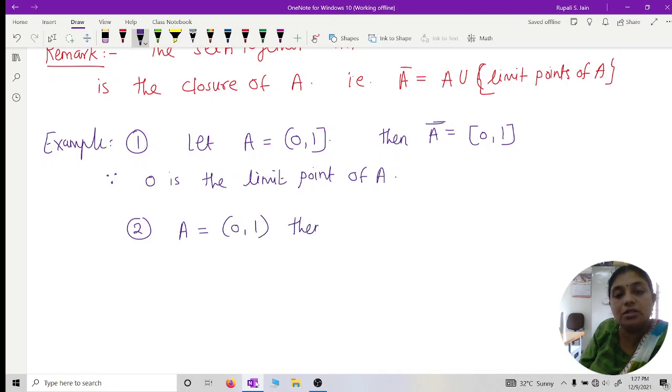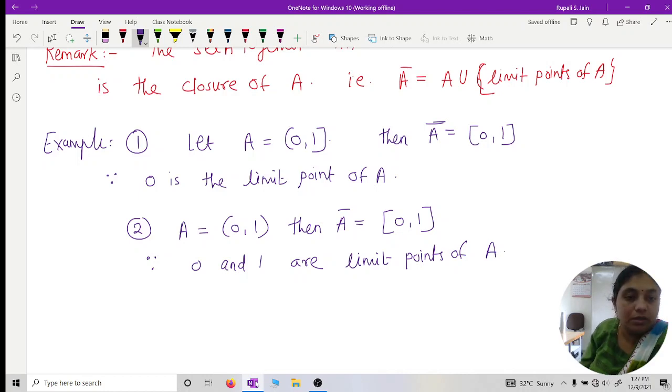Then what is A closure? Now 0 and 1 both are limit points. So closed interval 0, 1, since 0 and 1 are limit points of A. And third, take A equal to 1 by n such that n is greater than or equal to 1.